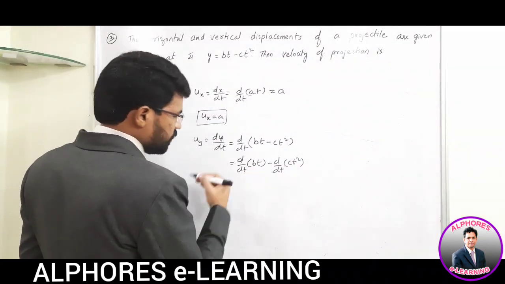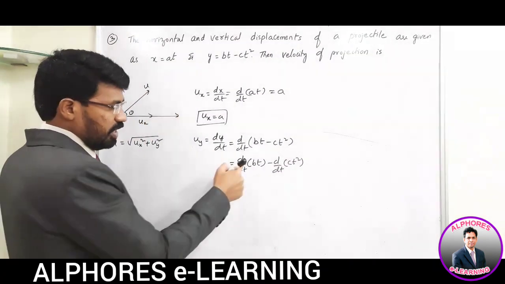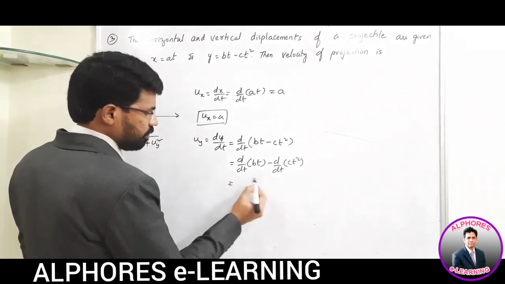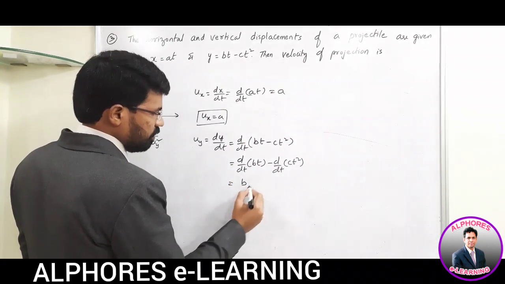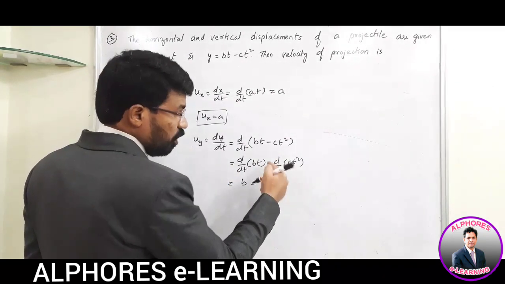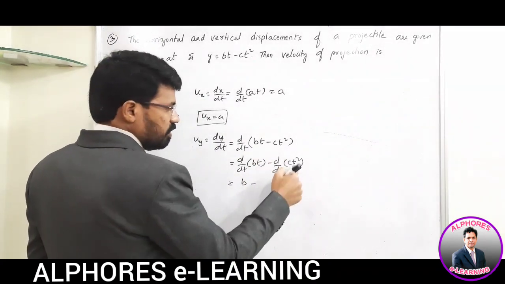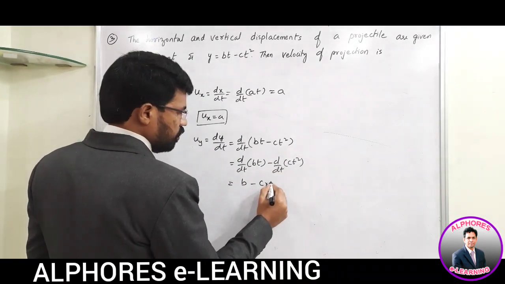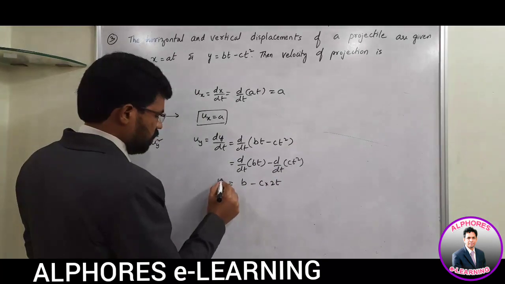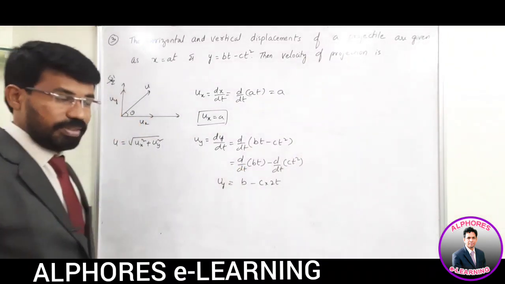Since b is just a constant, you can bring it out of the differentiation, and d by dt of t is 1. So here you are left with b minus c, which can be brought out. d by dt of t square is 2t, so c into 2t. So this is what our y component of velocity is.